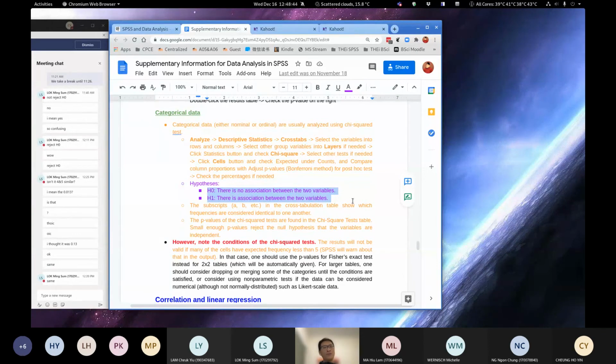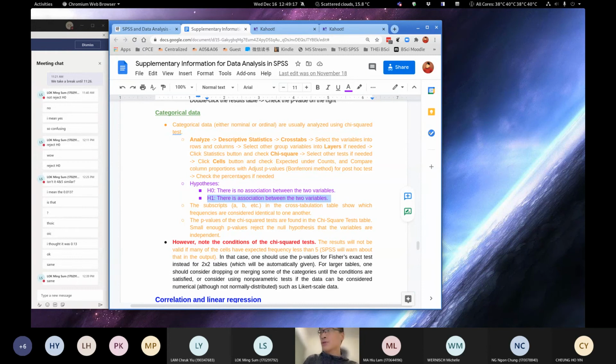Sometimes you want to know if two categorical variables are related to each other, so you want to do the chi-square test. The null hypothesis is that there is no association between them, and the alternative hypothesis is that there is association between them. It means that they are related to each other. One of them might affect the other one. Sometimes you want to know if this is the case.